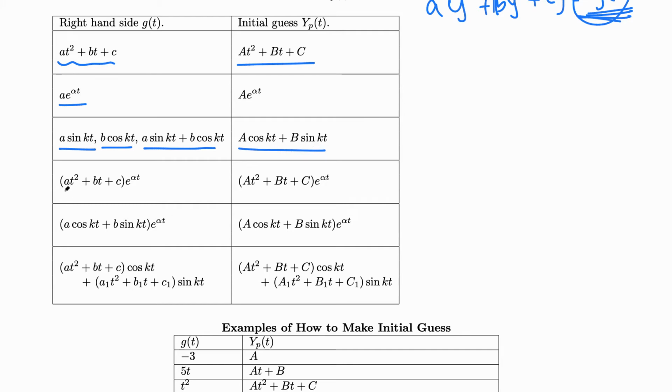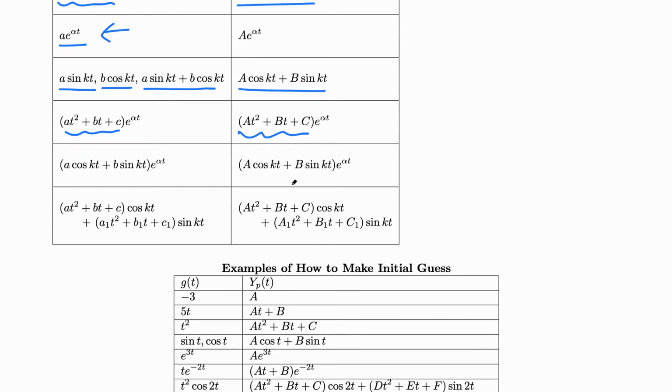Another case: when we have a second degree polynomial times e to the alpha t, it will be a general second degree polynomial times e to the alpha t. In the previous example, it was just a constant times e to the alpha t, a generic constant a, unknown to be determined, but when we have second degree, it will be a generic second degree polynomial. And if we have a linear combination of sine and cosine, look at this a and b, we have to have generic a and b, otherwise same thing.